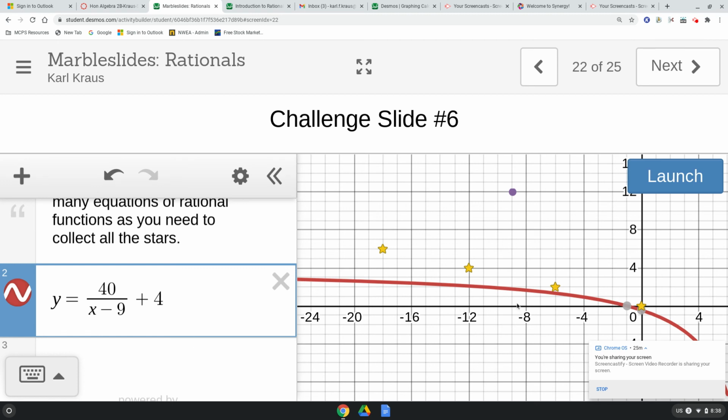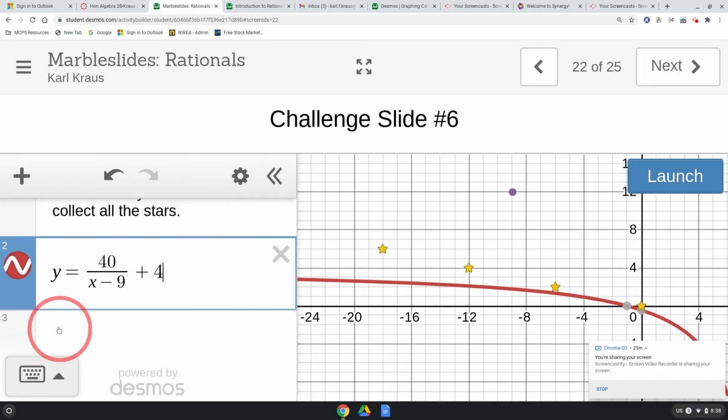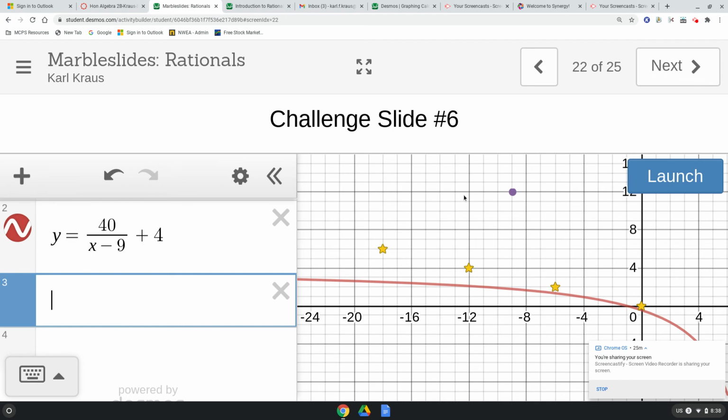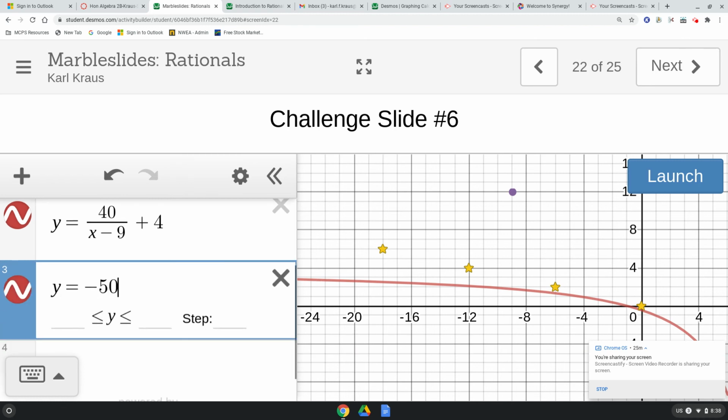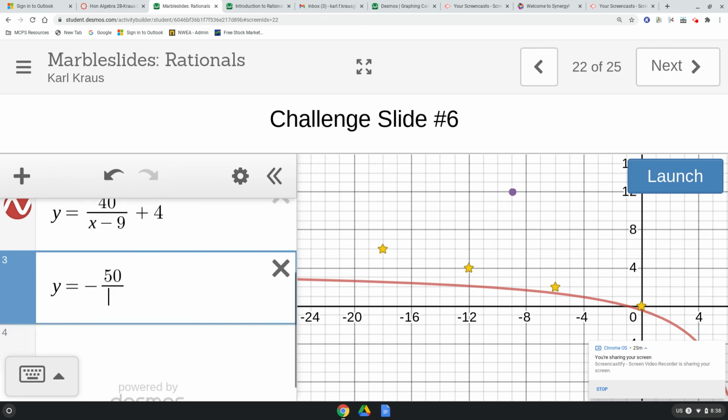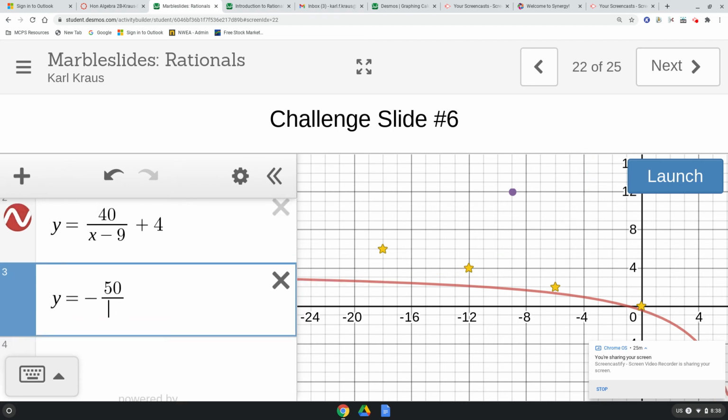So now I definitely can get these 2 stars. But I have to kind of make a ramp for the marble. So there's my ramp.